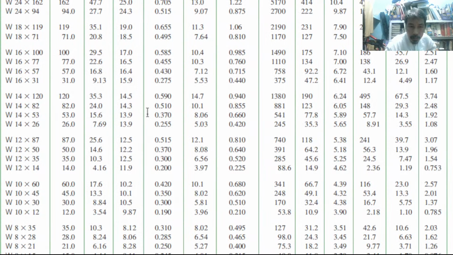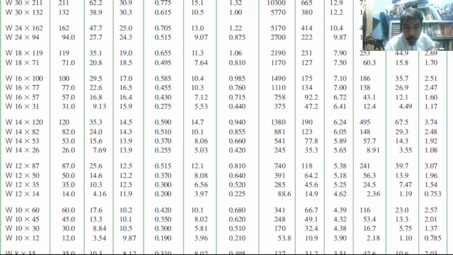While if you have a table where 10 by 22 is not here, you can use this table, using the area for 12 and the area for 30. Let us verify by interpolation.